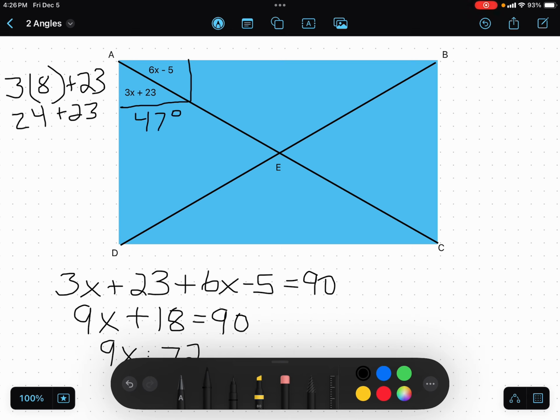And we can just use subtraction. 90 minus 47 would give us 43 for this top angle, although if you plugged in 8 into 6x minus 5, you would get 43. So that is a type of problem that uses the unique traits of rectangles to solve for angle measurements.